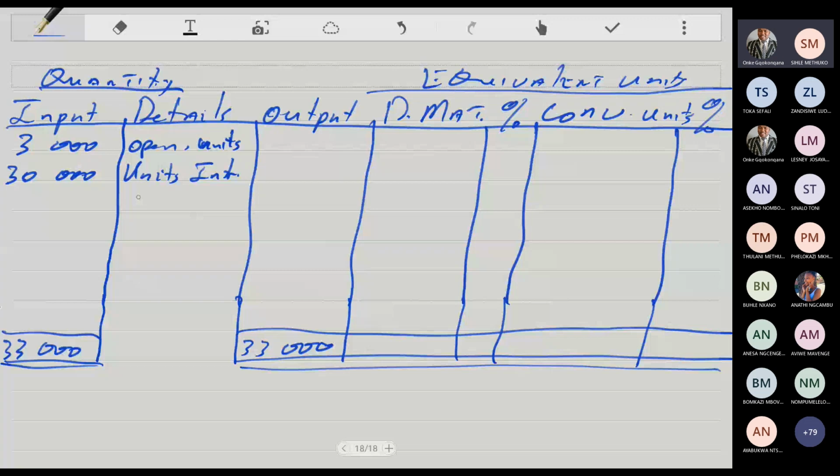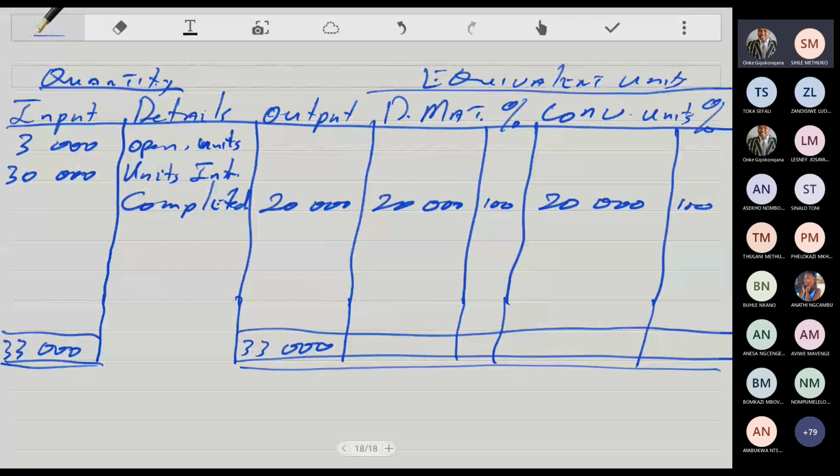We've already established that it's 20,000 units. So it's going to be 20,000 everywhere because everything there is at 100%. So those are going to be your free marks. But if you look at this exercise, this completed units of 20,000 was not given for you. You have to calculate it on your own. So sometimes you can make mistakes.